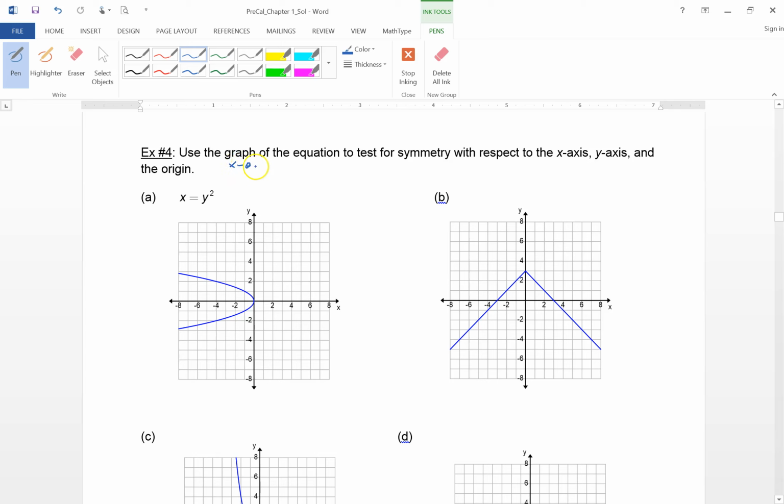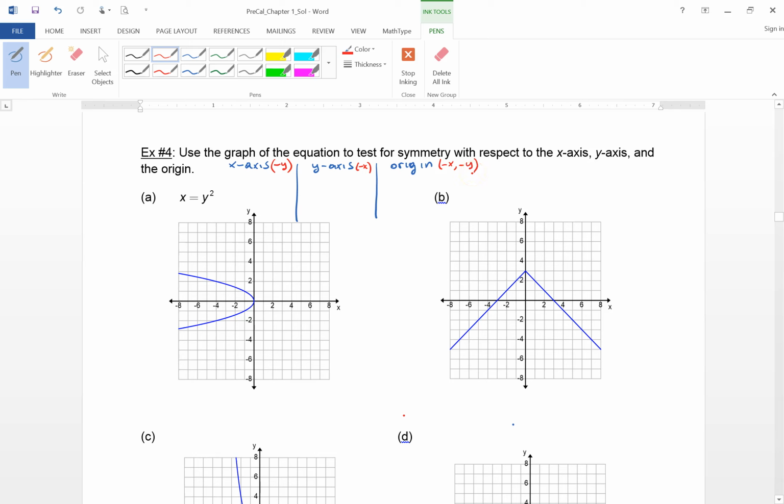I want to test for symmetry around the x-axis, the y-axis, and the origin. Okay, and I literally split them up like this. To test around the x-axis, I'm going to replace y with -y. To test around the y-axis, I'm going to replace x with -x. And here, -x and -y.